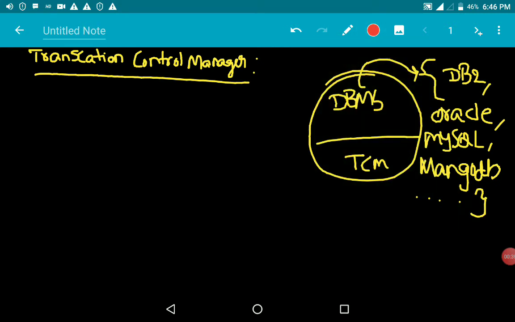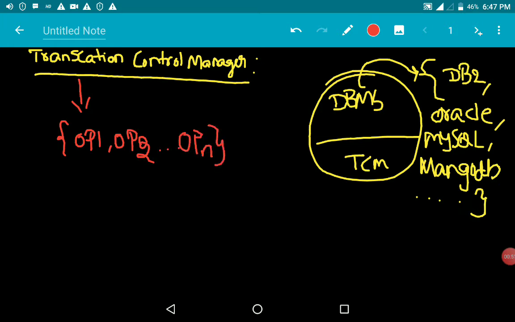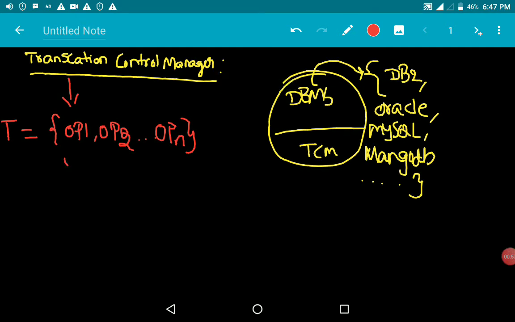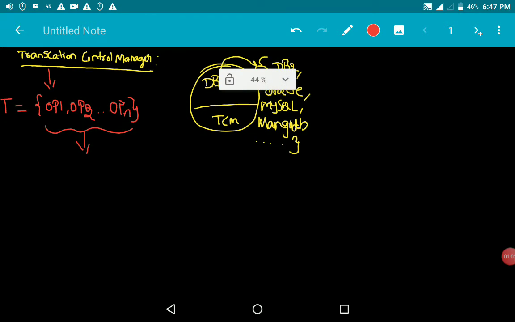Generally, a transaction is a set of operations like operation 1, operation 2, up to operation n, which are logically related to perform some specific task. The most frequently used database operations are read A. Here A means it may be a table or a row or column.